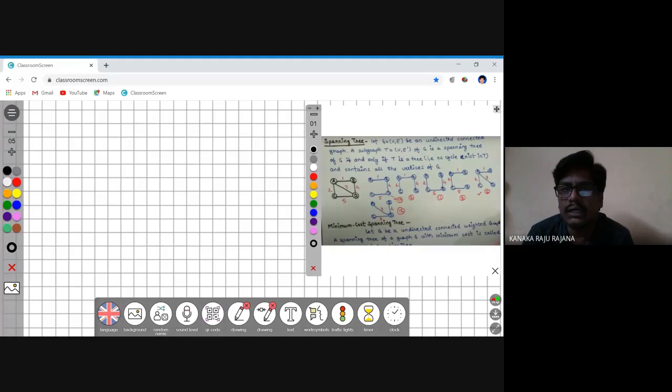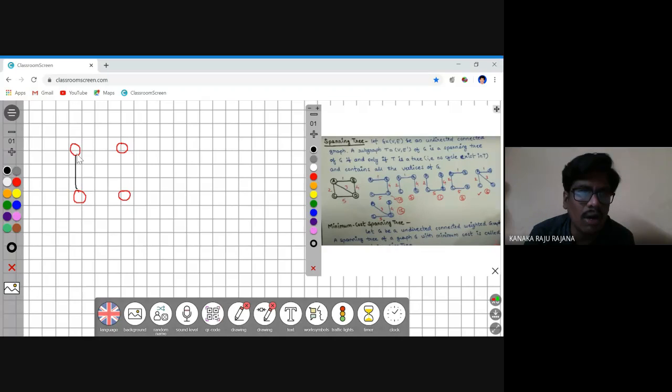Let us say this is one node named A, this is B, this is C, and this is D. Clear? Now, in this graph, I'll plot my edges like this.